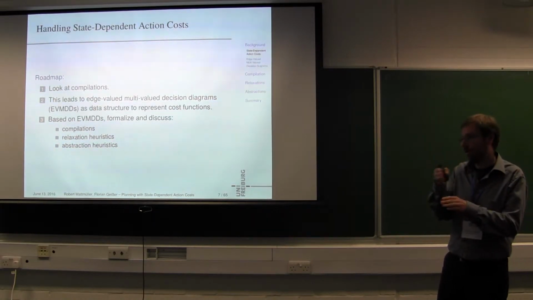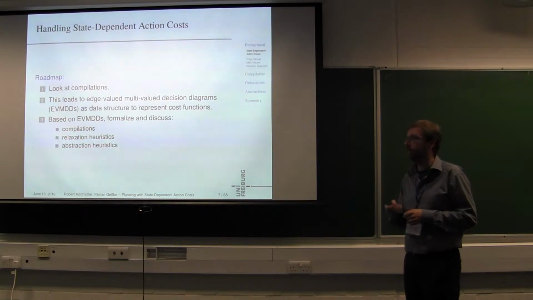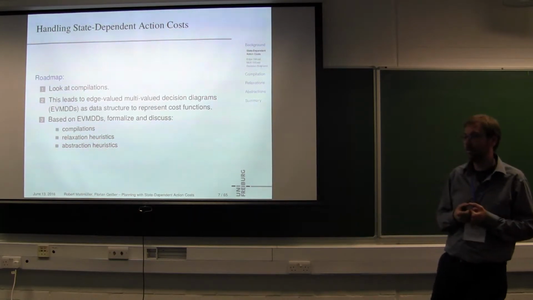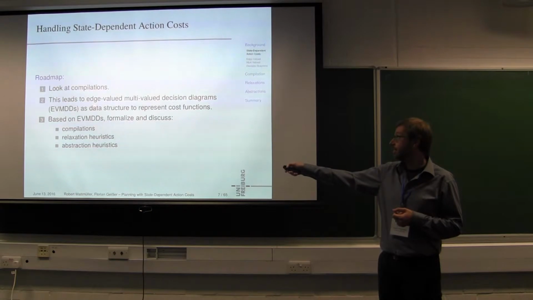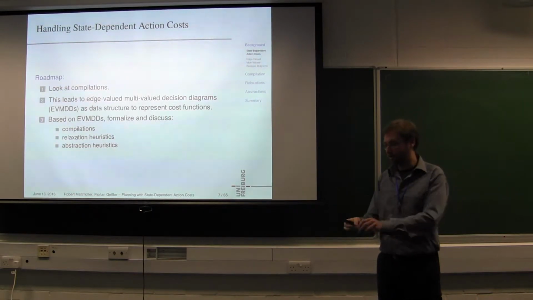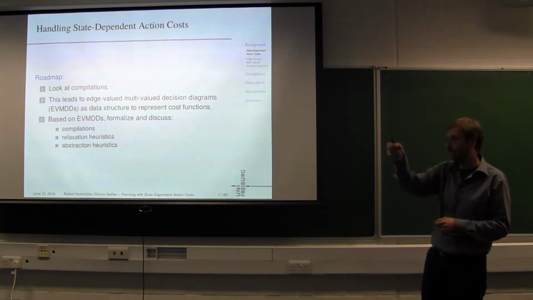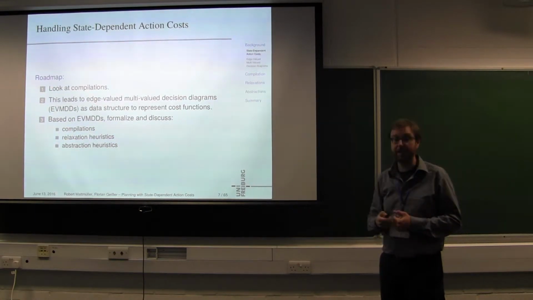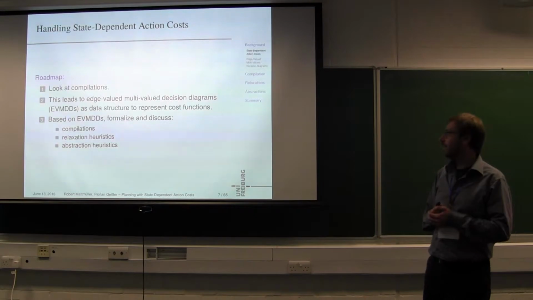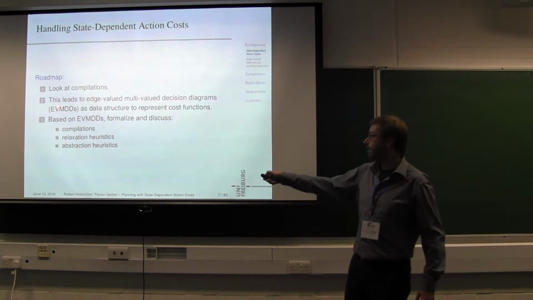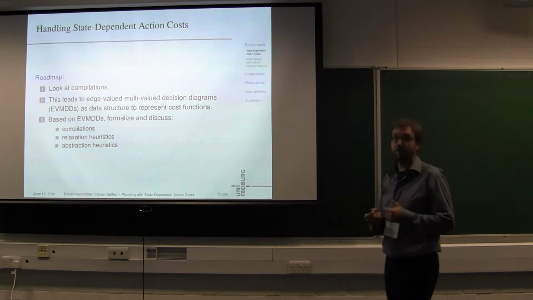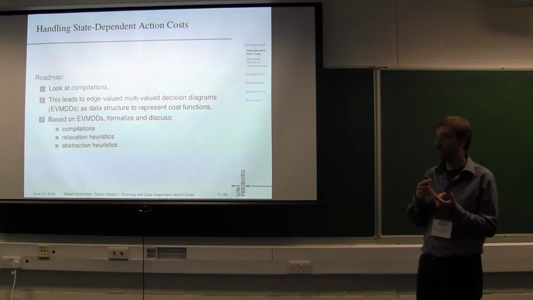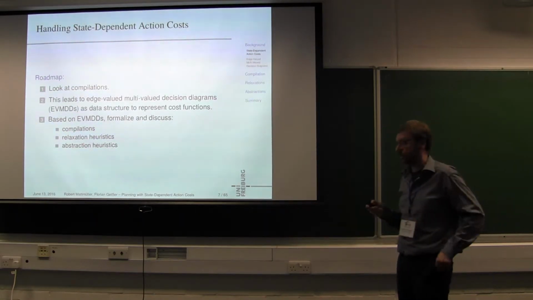You don't have only two outgoing branches, 0 and 1 branch, but possibly more for finite domain variables. And the values are not in the sink nodes, but they're distributed along the edges of these decision diagrams. That's why they're edge-valued. Okay. And then, once we've defined edge-valued MDDs, we can formalize and discuss these compilations I mentioned and relaxation and abstraction heuristics.